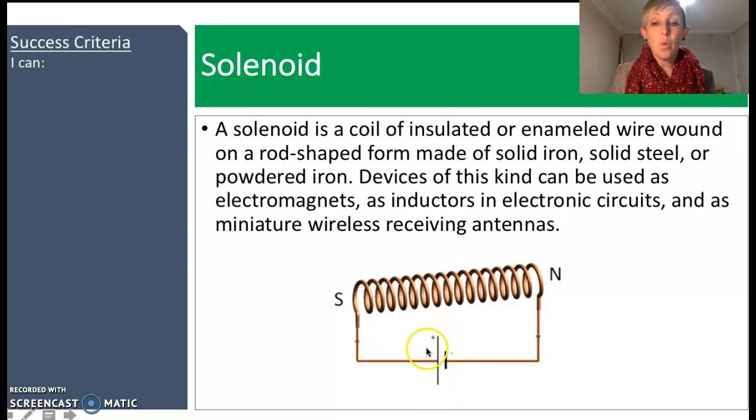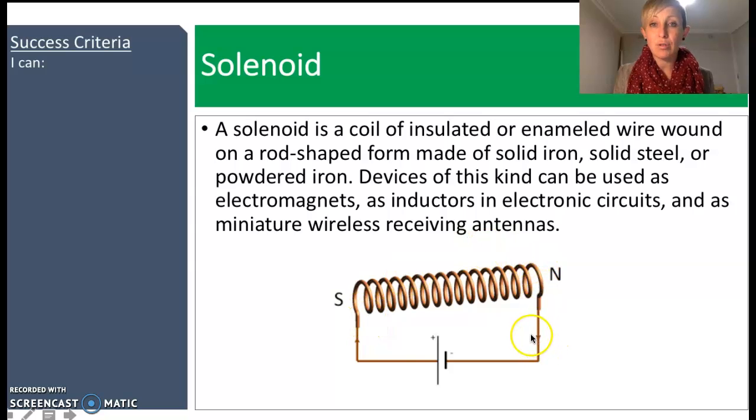What we know is that conventional current moves away from the positive and towards the negative. So the first thing I recommend you do when faced with this kind of question is to draw arrows indicating the direction of the conventional current.